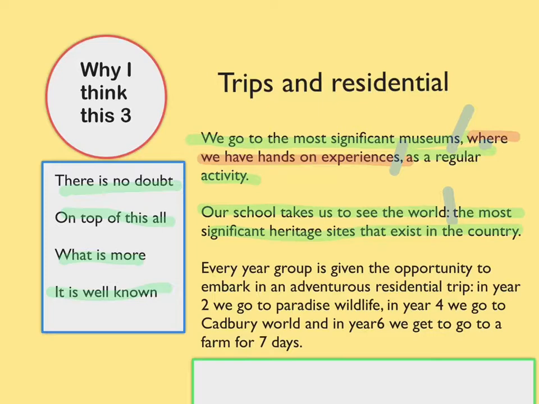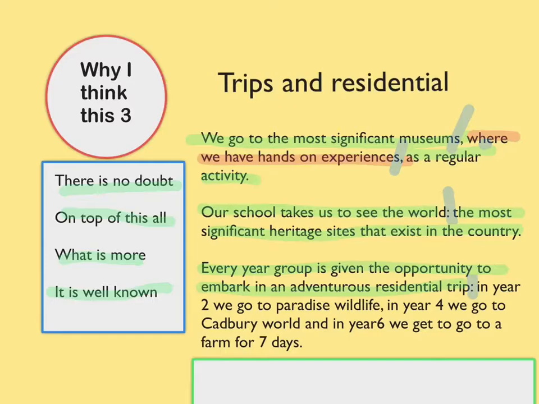There's a lot going on in here. Well done if you spotted that this is a DD sentence. Here you have your colon. The first part of your sentence is a description. You embark in an adventurous residential trip. Well done for spotting the key vocabulary there.